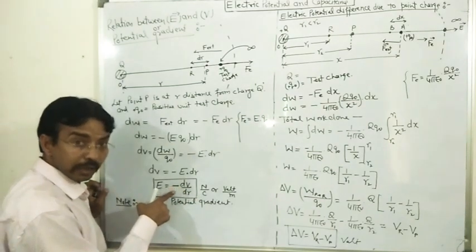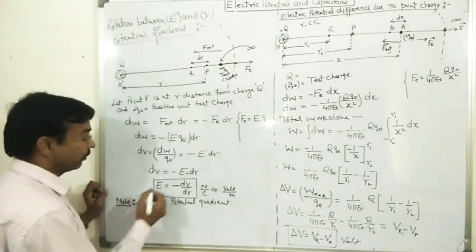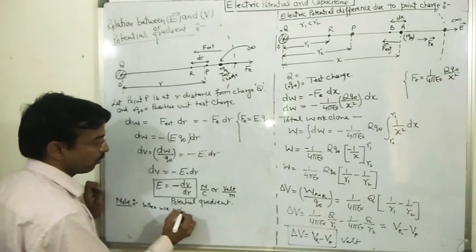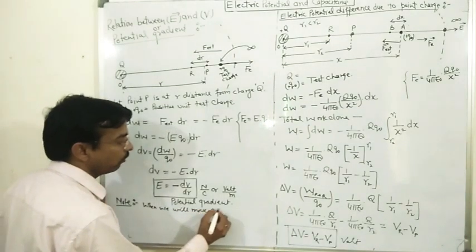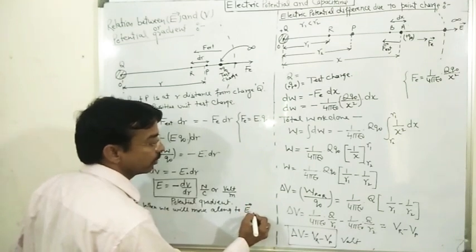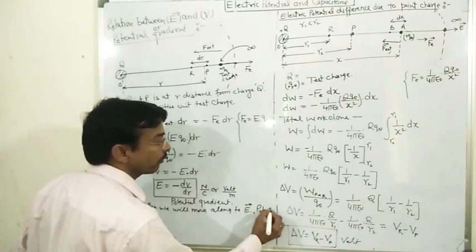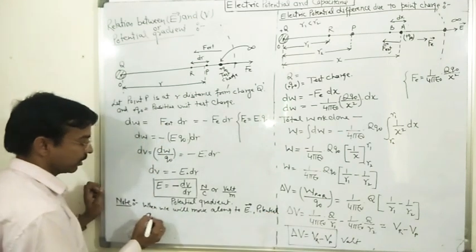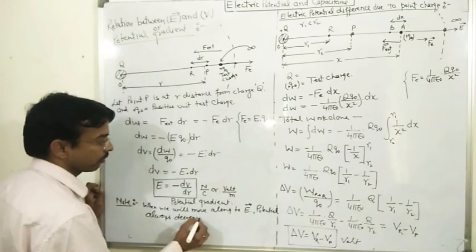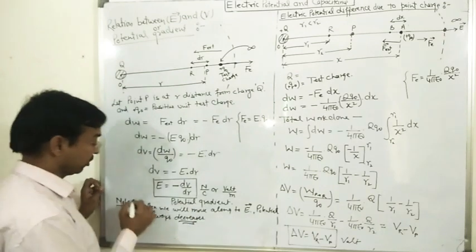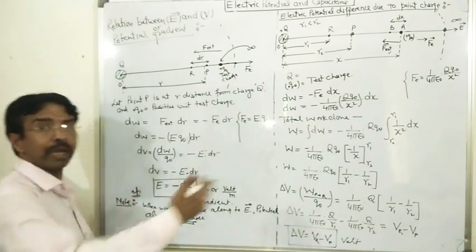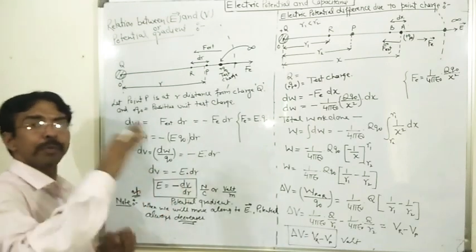The negative sign indicates that when we move along the direction of the electric field, potential always decreases. This is a very important concept. If we move along the electric field, potential must decrease.